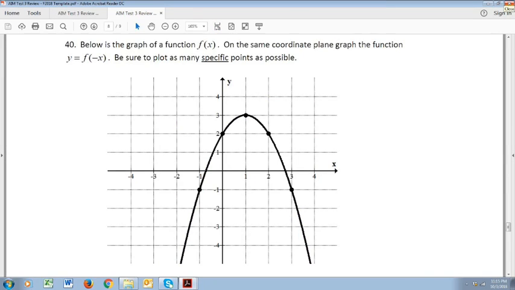It says below is the graph of a function f of x. On the same coordinate plane, graph the function y equals f of minus x. Well, let's see. F of minus x is going to be a reflection. Now, if the minus was out in front of the function, we would be going through the x-axis, which is the most common case.